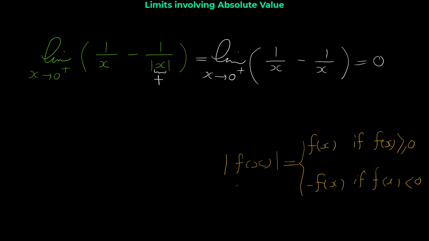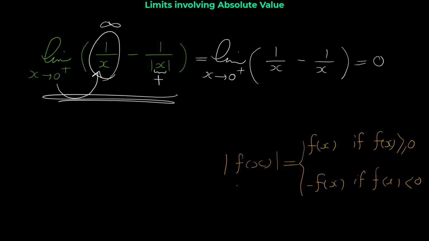Before I show you the next example, let me tell you that this original limit is an indeterminate form. We cannot find this limit simply by direct substitution. If you plug in 0 here, 1 over 0 is infinity. Note that x is not 0, x approaches 0.